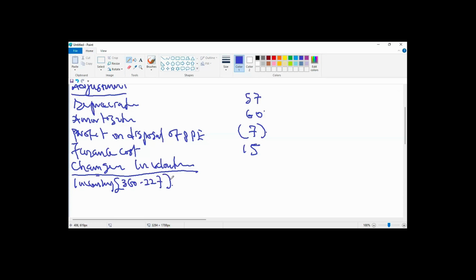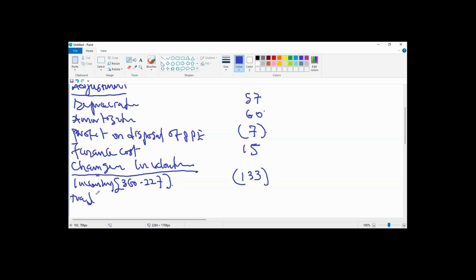Is it inflow or outflow? Increase in current assets is outflow. 133.